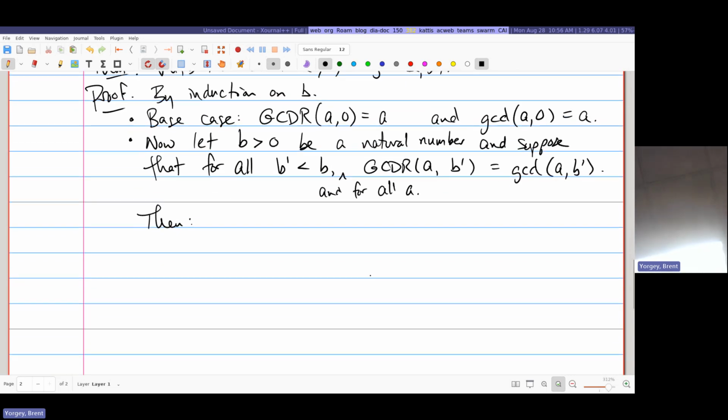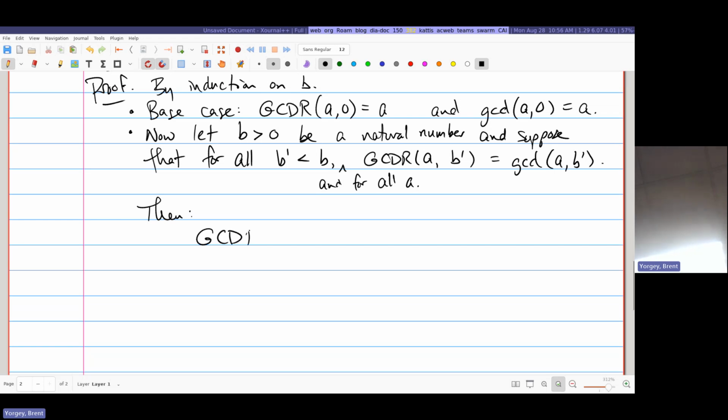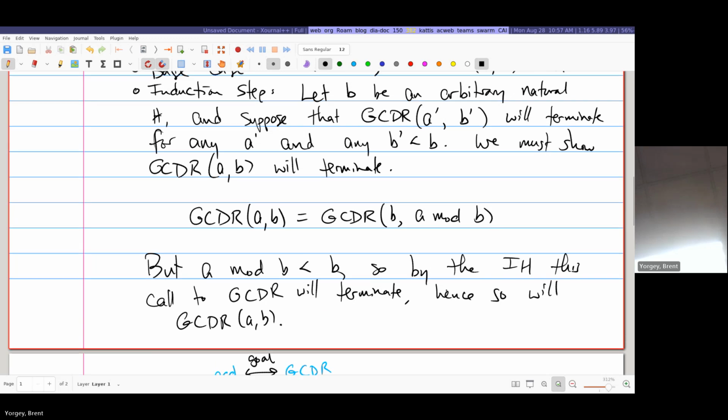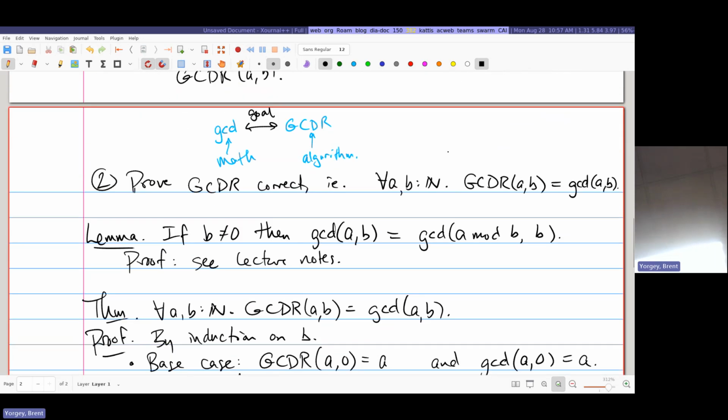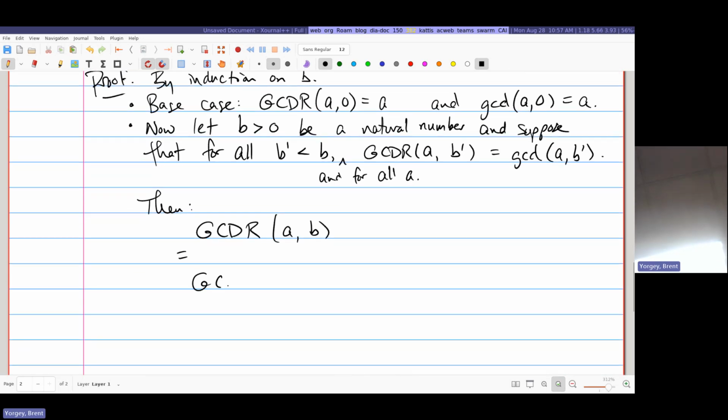Then, GCDR of A, B equals, since we know that B is greater than 0, by definition of how GCDR works, it's going to call itself recursively like this: GCDR of B, A mod B. This is by definition of GCDR.